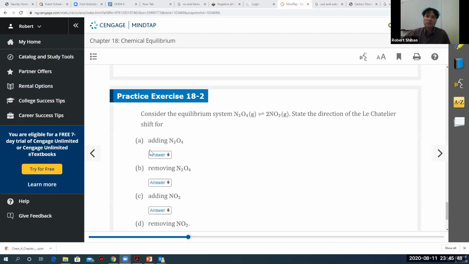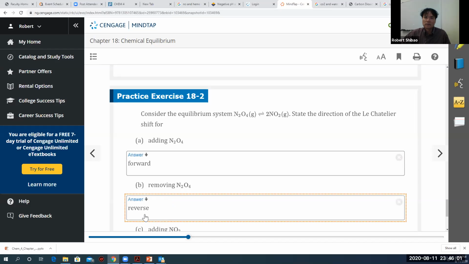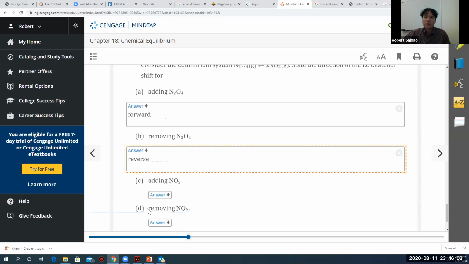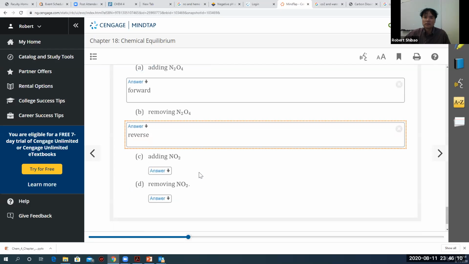And so adding N2O4 results in forward reaction. Removing N2O4, so if we suck water out of this well, then the water is going to move left in order to compensate. So reverse here. Adding NO2, so if we add water to the right, it's going to shift it to the left.